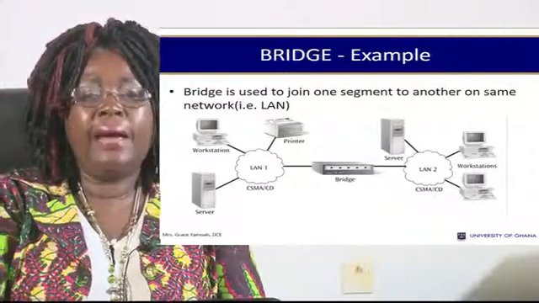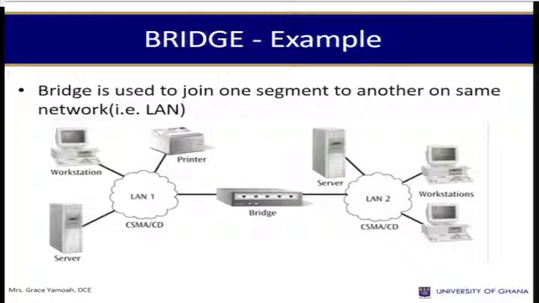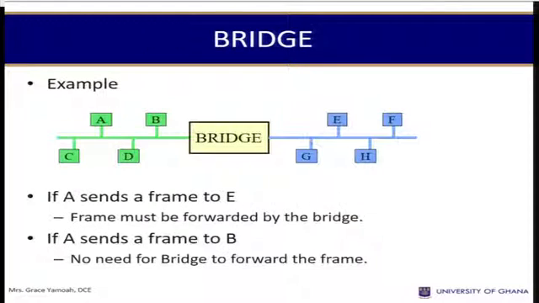So this is a typical bridge setup. We have one LAN here and another LAN here. We have 2 LANs hooked together with this bridge. This is another example. We have a bus topology with a bridge hooking 2 LANs together. If A sends a frame to E, or from one LAN to the other, the frame must be forwarded by this bridge.